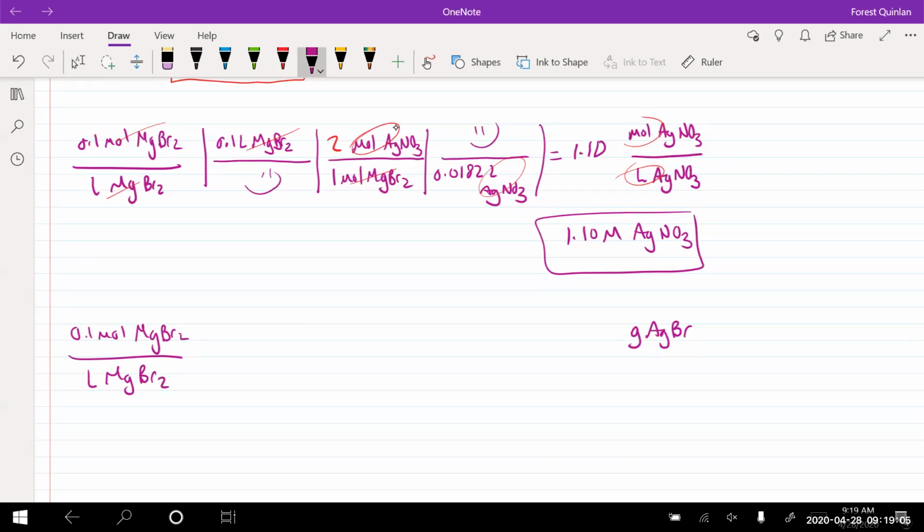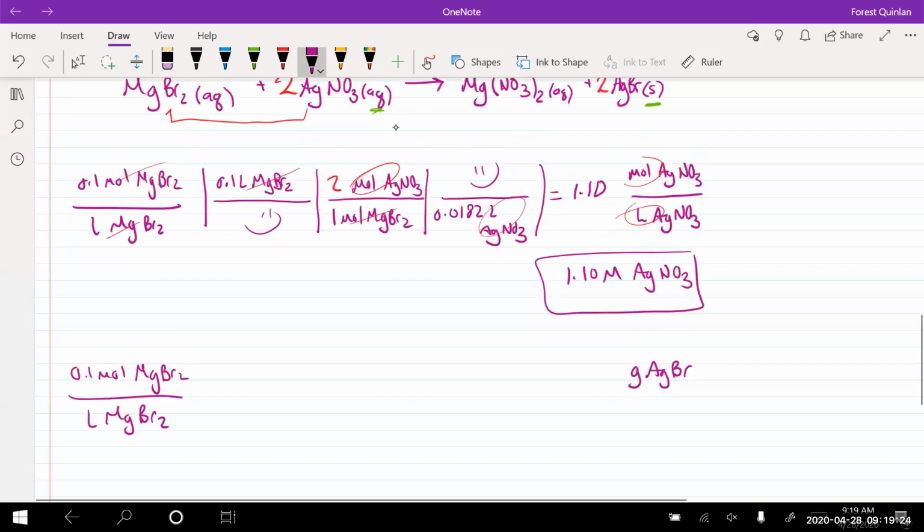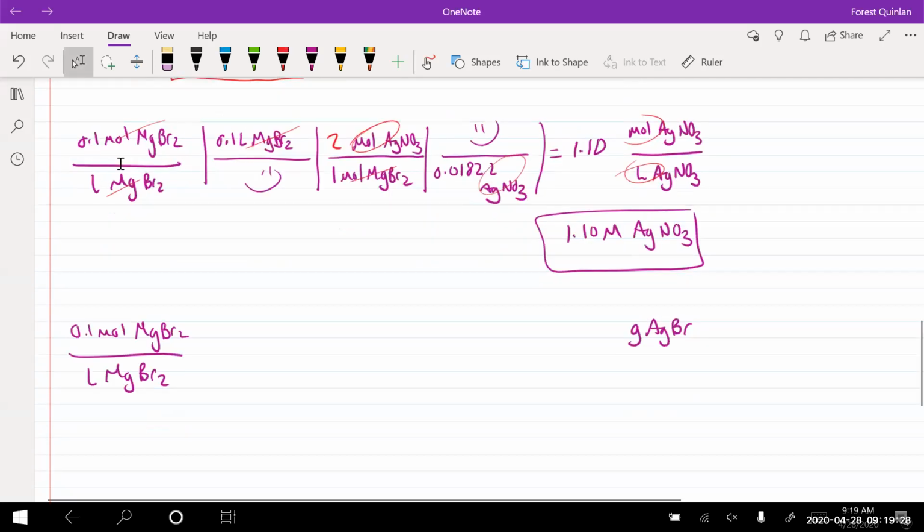Hopefully you notice, just like with our mass to mole to mass calculations, if I'm starting at the same place, it should be no surprise that no matter where I'm going, if I know the amount of one thing, I know the amount of all. So we are going to start in the same spot there with the MgBr2. In the top one, we said that it was molarity to mole to mole to molarity.